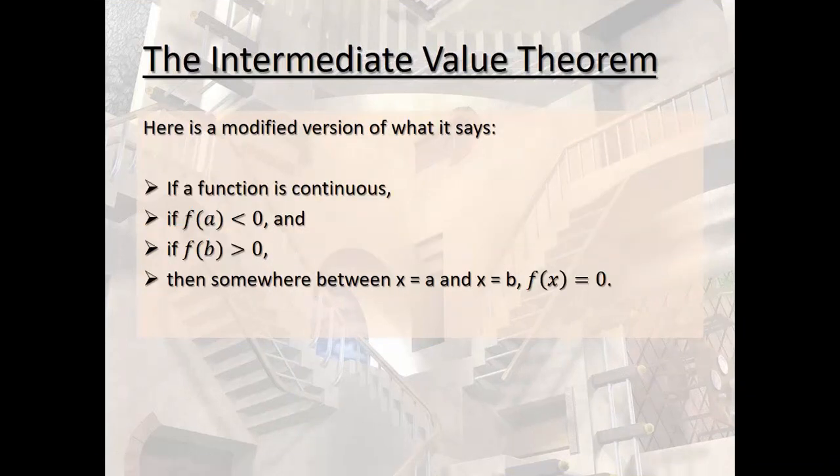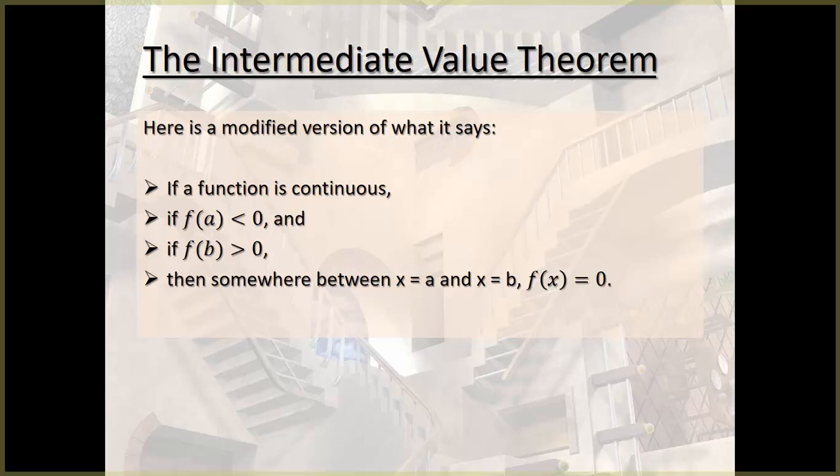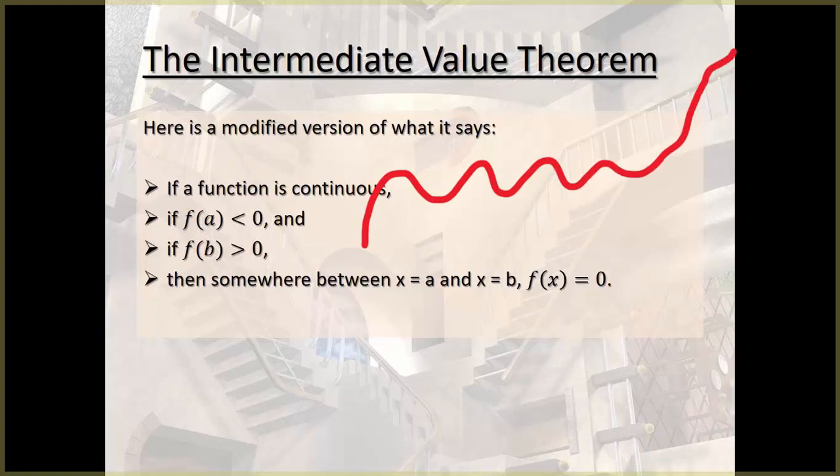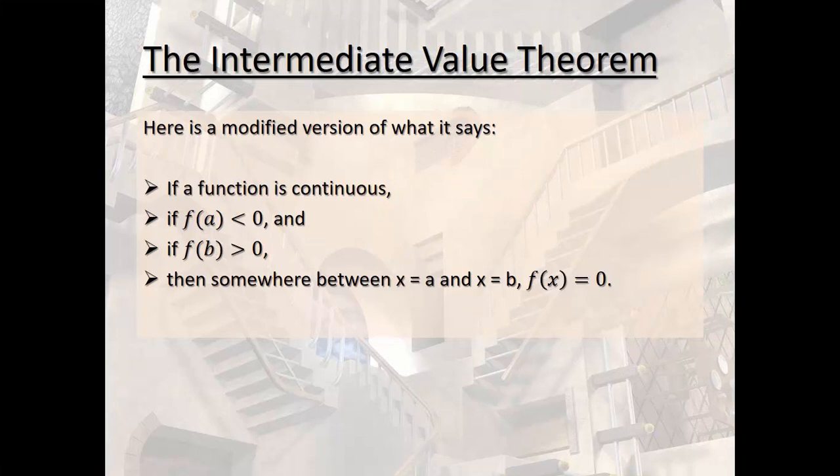what it's basically saying is this. If a function is continuous, remember I said continuous means you could take it from the very, very left and trace it to the very, very right and never have to lift your pencil off the paper. So all of our polynomials are going to be continuous. All of them.